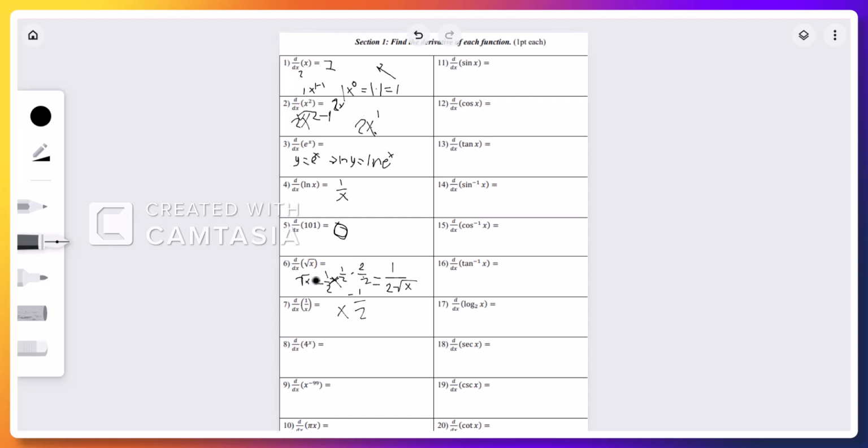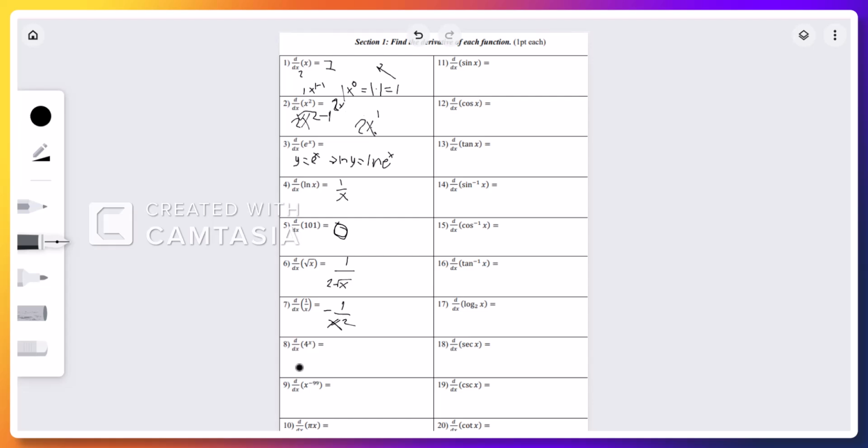I'm going to erase this now and just put the answer here so we don't have too much mess. The same thing goes for down here. X is to the negative 1. If you subtract 1, you're going to get x to the negative 2, which is just equal to 1 over x squared, from the negative 2, and the negative 1 is going to make it negative.